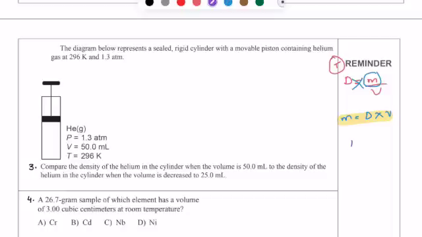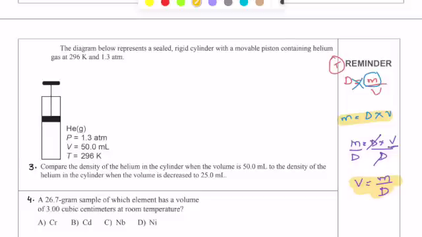If I start with the mass equation, mass is equal to density times volume, and I want volume on this side, I can divide both sides by density. So it gets cancelled here. The equation for volume is mass over density. So these are the two equations that you do need to memorize because they are not given in table T. The only one that's given in table T is for density.